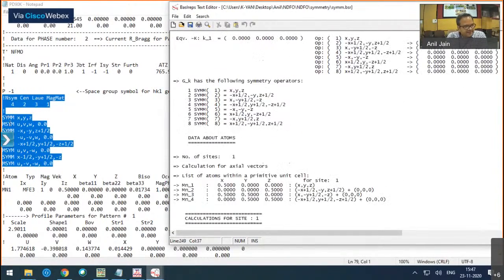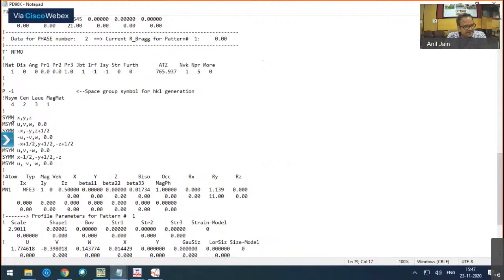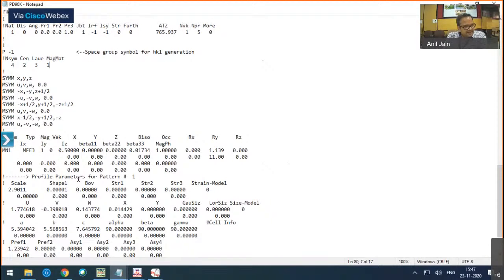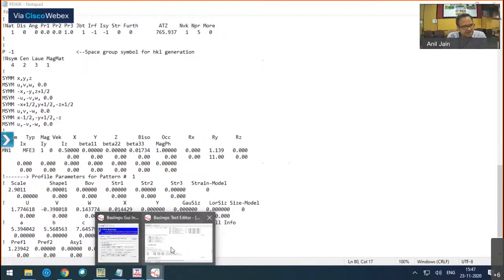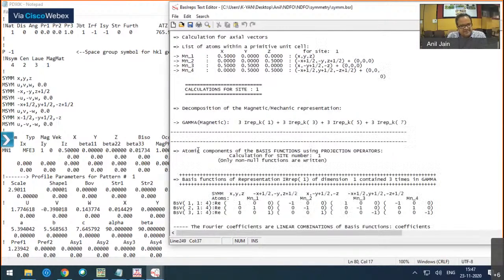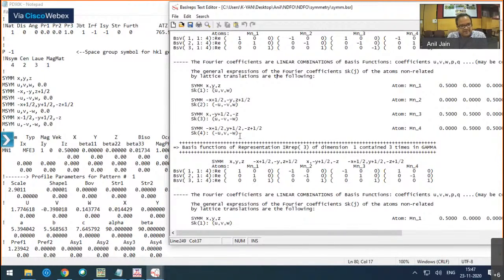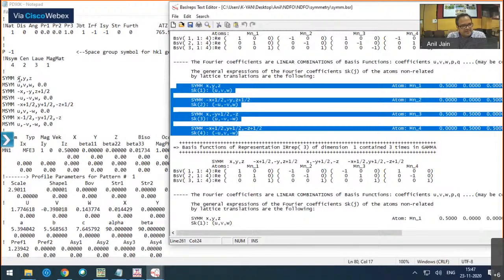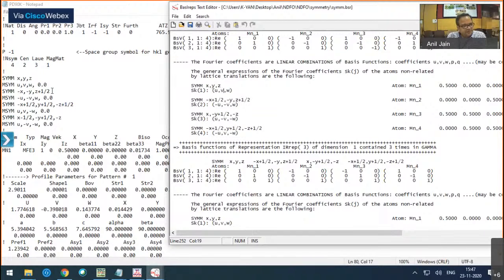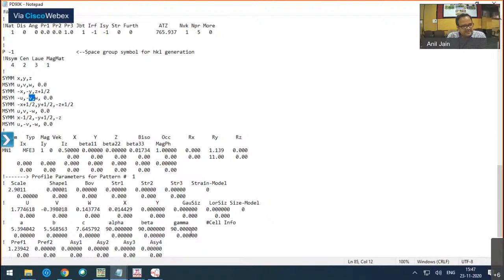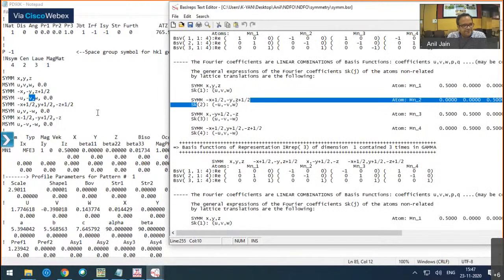So what it is telling is that NSYM is 4, I have 4 symmetries, 1, 2, 3, 4, and these are Lovey class. And this is how you write it, it is directly given in this PCR file here. This X, Y, Z, U, V, W, minus X for this line, this is the corresponding line, and similarly for lines 3 and 4.